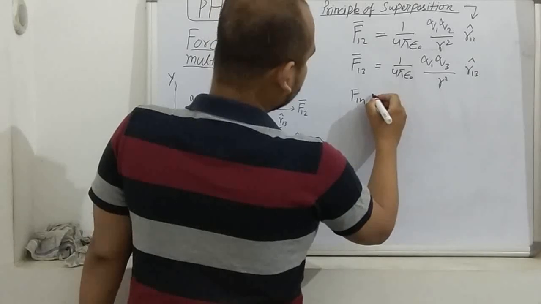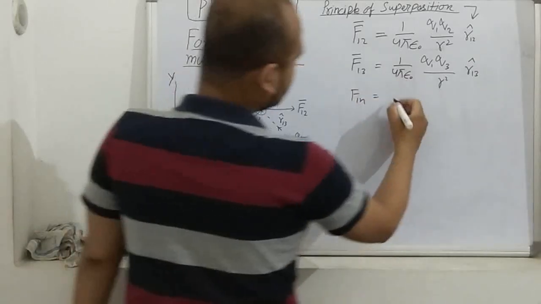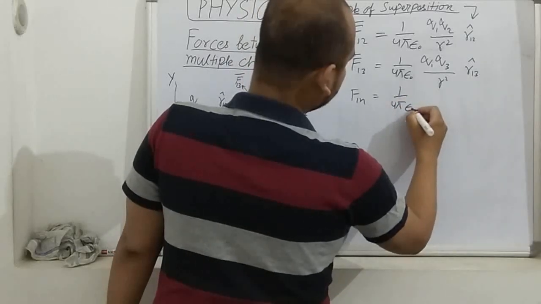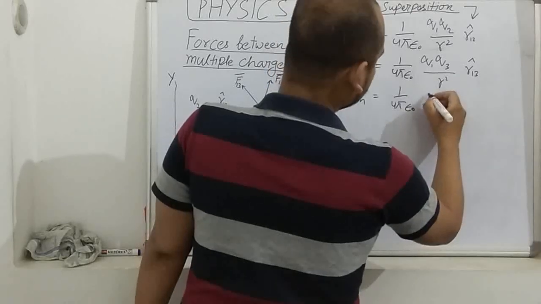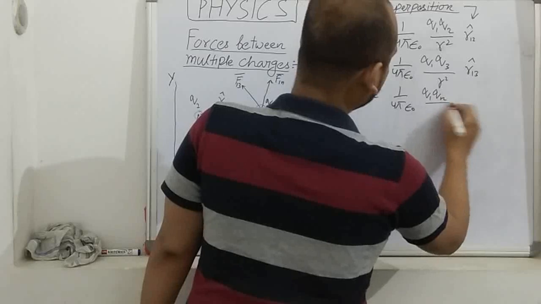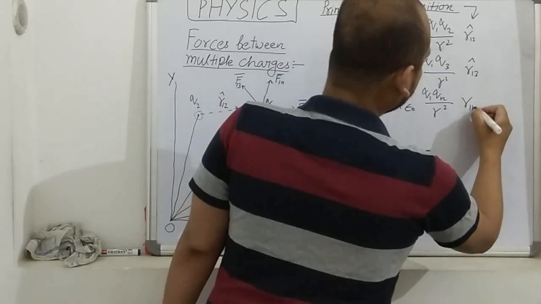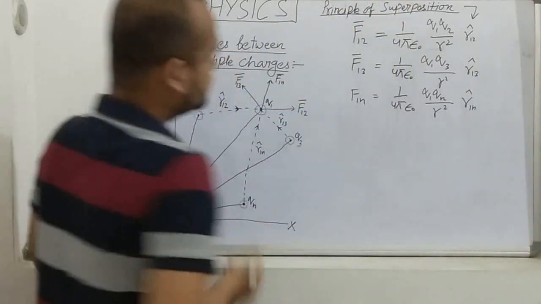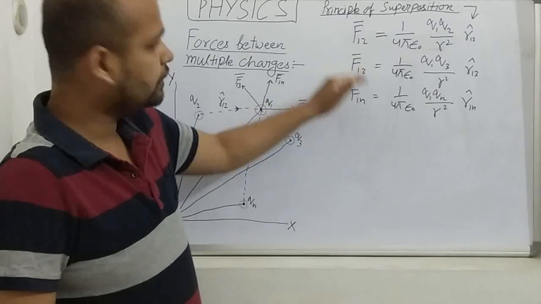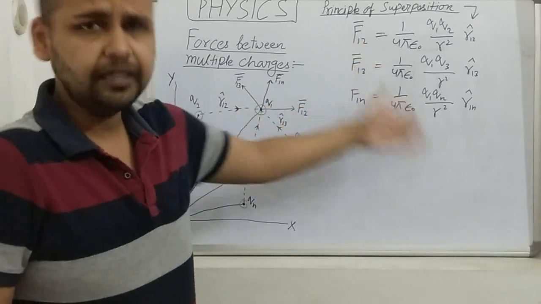F1n will be equal to 1 upon 4 pi epsilon naught Q1 Qn upon R square R1n cap. Between F13 and F1n, there will be F14, F15, F16 and so on.